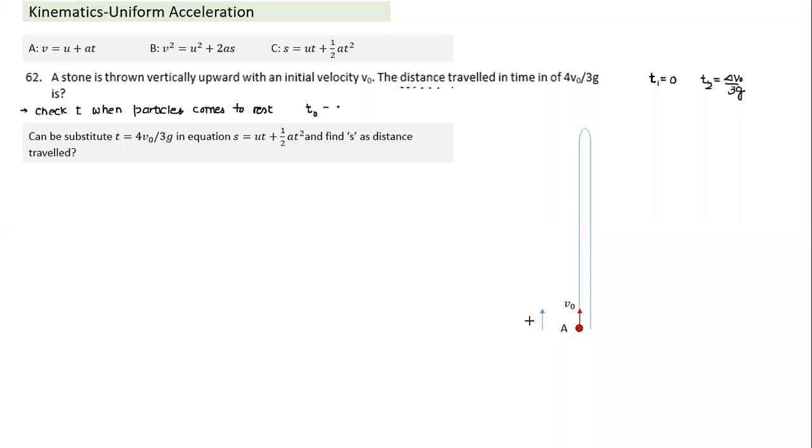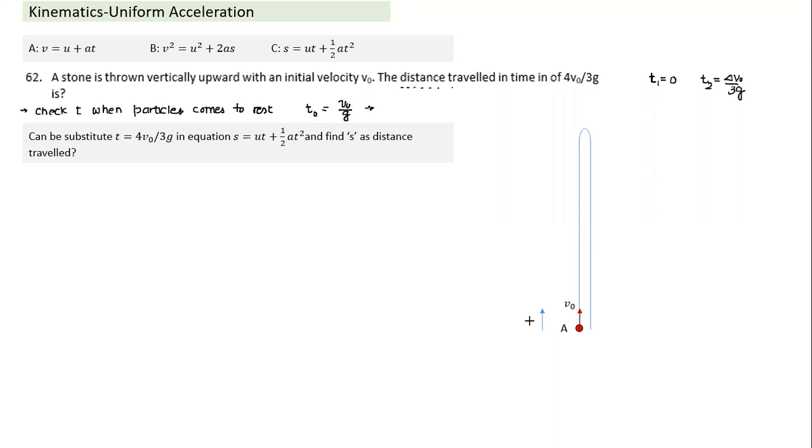In this case, t0 is equal to v0 by g. If the time given here is more than this, it means it also involves a change in direction, and this clearly indicates a change in direction.